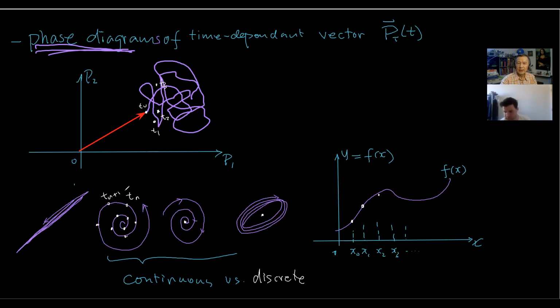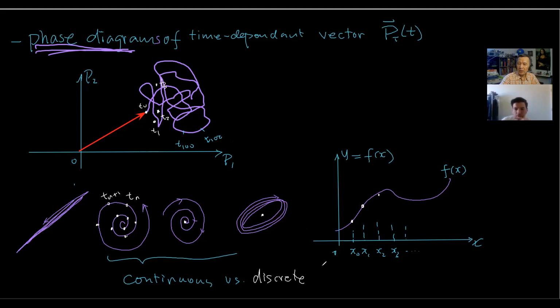In terms of time, you can see this is t1, t2, and so on up to t100, t101, t102. So the matrix allows you to actually manipulate the discrete data.